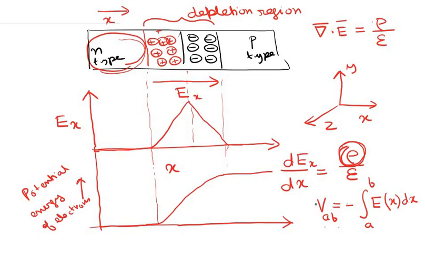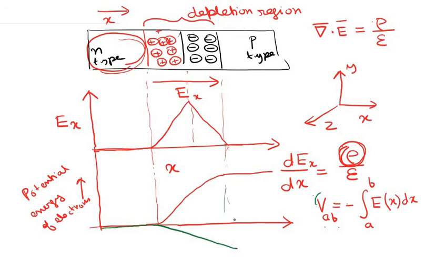So the actual potential difference is the negative of the integral of electric field in space. So the actual potential varies like this. When it enters the region of the electric field, it starts to decrease. It decreases up to the point of non-zero electric field.